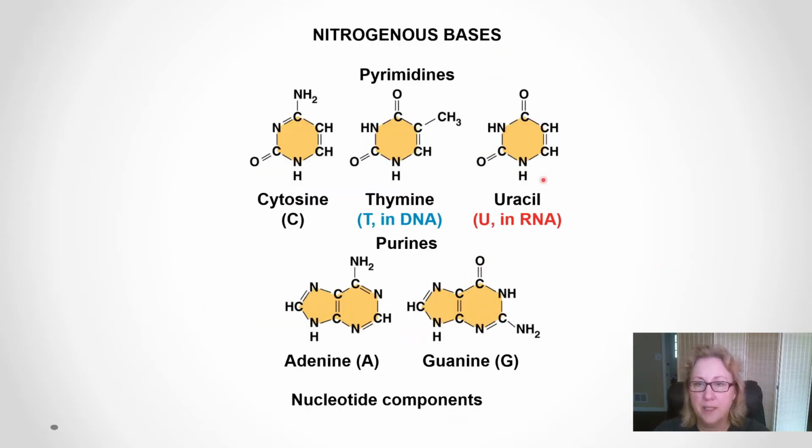So we group these bases into groups based on whether they have a single ring or a double ring, and this is going to make a difference as to how they hydrogen bond together. As we'll see, a double ring base will hydrogen bond with a single ring base, and adenine can hydrogen bond with thymine.